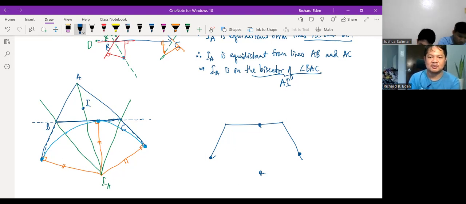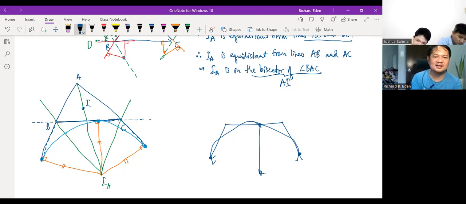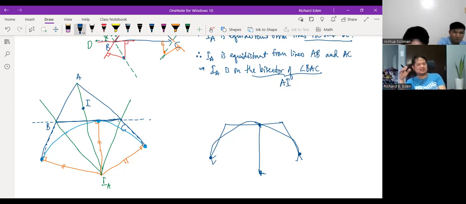Anyway, I wanted to point out, who knows, maybe the situation was like this, and it's not tangent. So how do you know these are really the points of tangency? How can you assess congruent triangles?